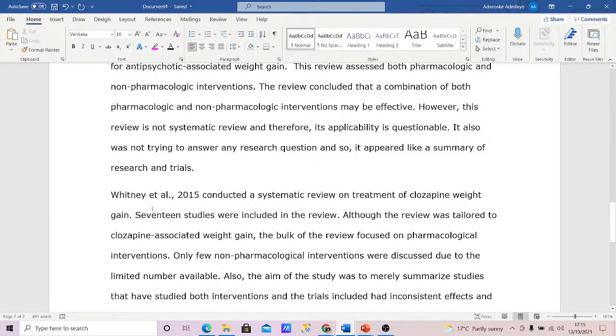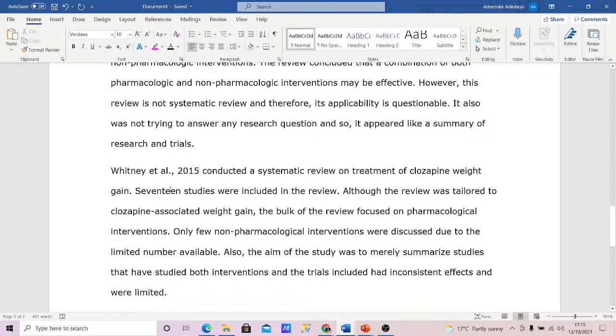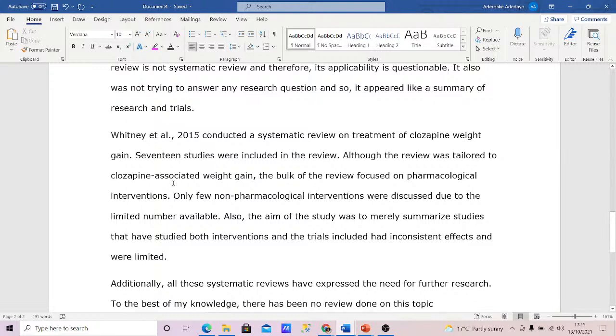So here, Whitney et al. 2015 carried out a systematic review, another systematic review on treatment of clozapine weight gain, right? Clozapine is one of the medications.